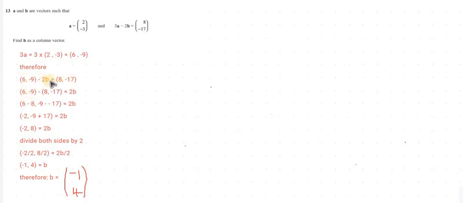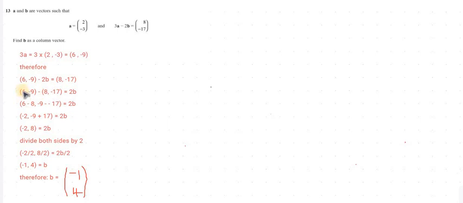So if I rearrange this, move 2b over to the right to make it positive, move this over and subtract it. So (6, -9) minus (8, -17). So that minus affects both the 8 and the minus 17.